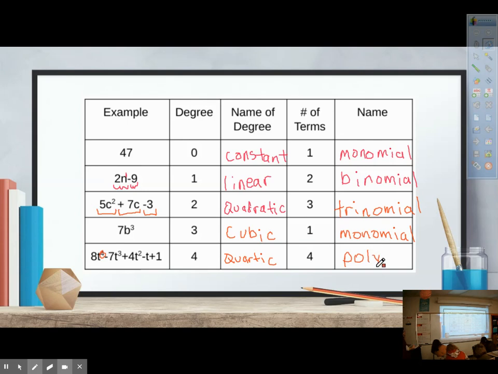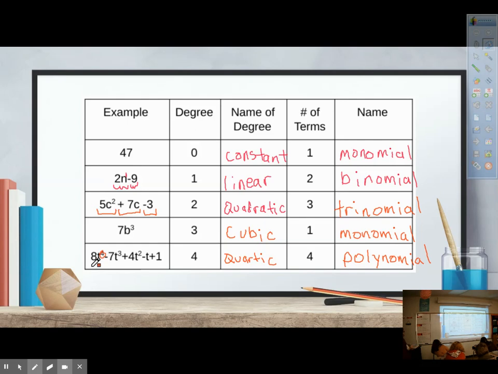If it has 4 or more terms, just call it a polynomial. Some people have you say a polynomial with 4 terms or a polynomial with 5 terms. I'm not going to have you do that. You can just call it a polynomial. So the only ones that have special names are a monomial, a binomial, and a trinomial. That's 1, 2, and 3 terms.